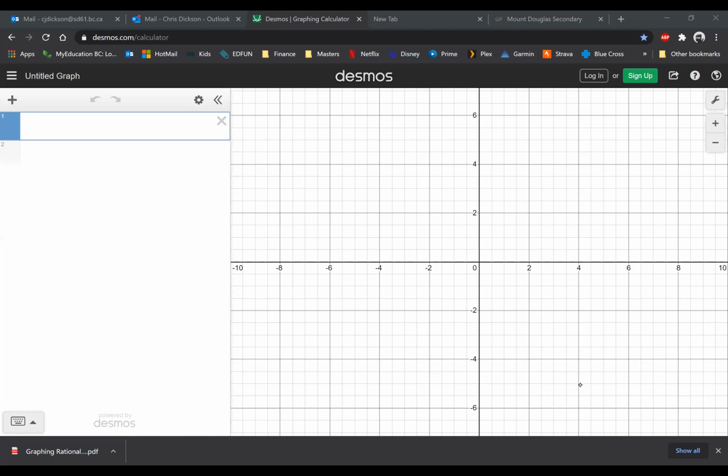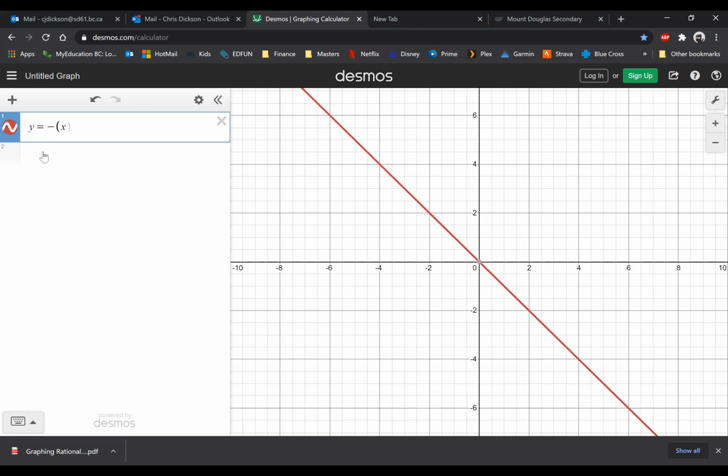So now here, in Desmos, I can just type in the equation. So I go y equals, not double equals, y equals, and now I need to have these in brackets. So I go negative x plus 2, close bracket.